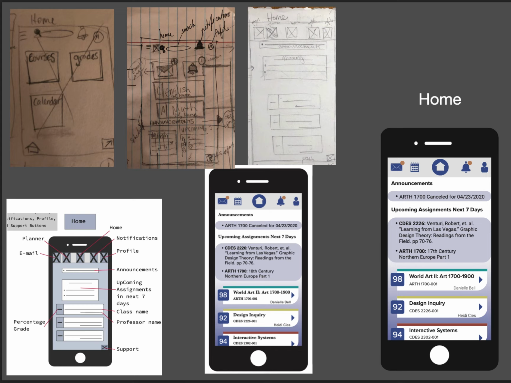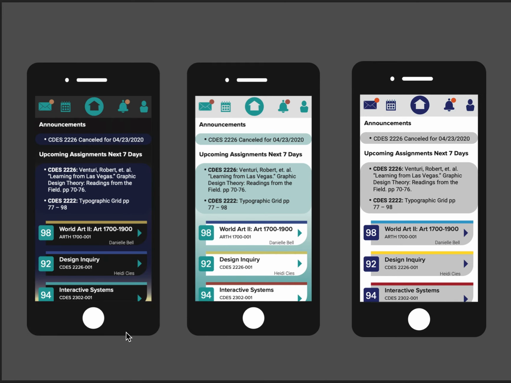So at the beginning I talked about different color themes, and this is just something I played around with. I liked the dark vibe, would be easier at nighttime when looking at the phone. Just another color to look at, to envision.